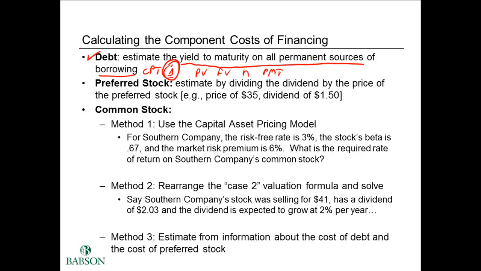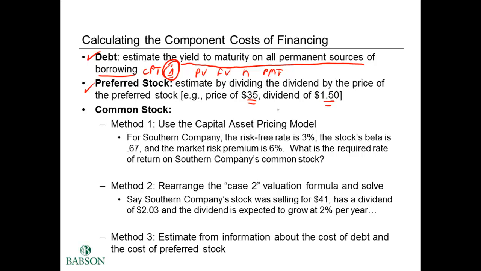To estimate the cost of preferred stock, in other words, what are the preferred stockholders charging us by providing us with financing? Preferred stock is essentially a perpetuity. You buy a share of preferred stock on the open market, and let's say you pay $35 for that. And let's say the preferred stock pays you a dividend of $1.50. That's a perpetuity.